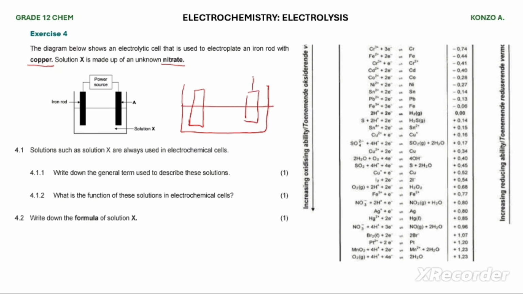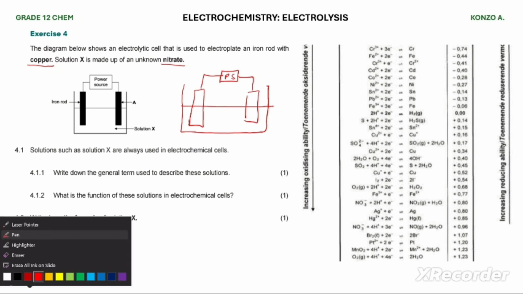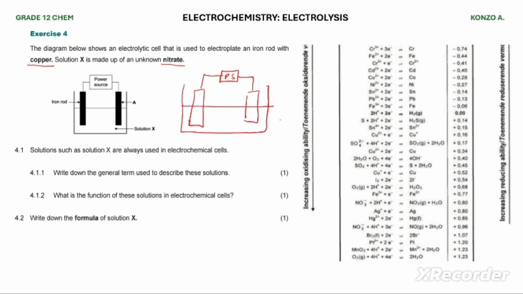Then, as always, we've got our power source. So there we've got our electrode A, and then we've got the iron rod, and this is solution X.